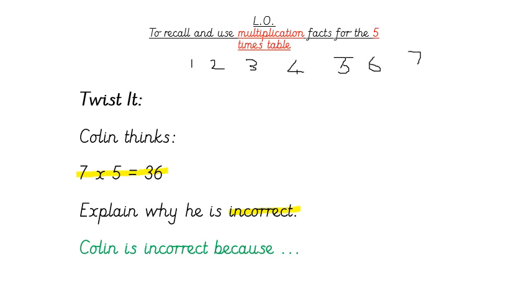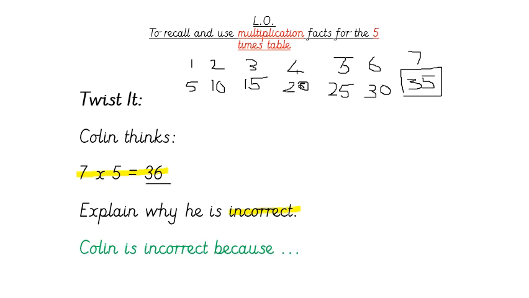And then I'm going to count in 5s. So 1 times 5 is 5, 2 times 5 is 10, 3 times 5 is 15, 4 times 5 is 20, whoopsie, 5 times 5 is 25, 6 times 5 is 30, and 7 times 5 is 35. So that's what our answer should be, but obviously Colin has got it wrong.